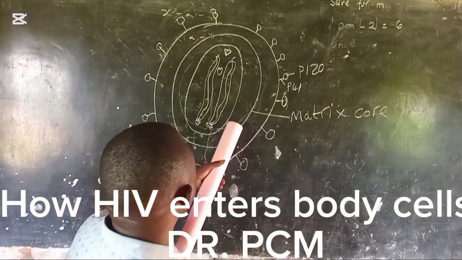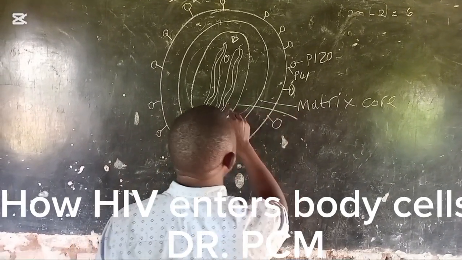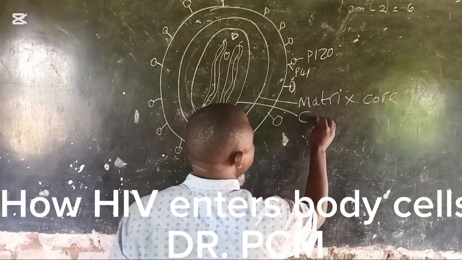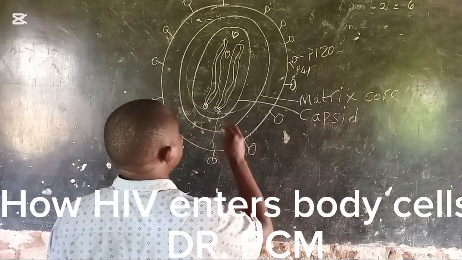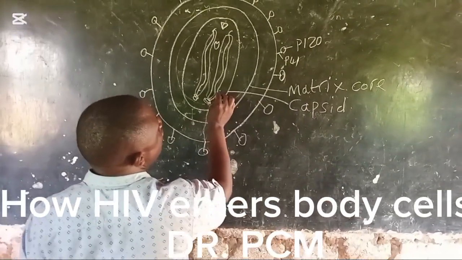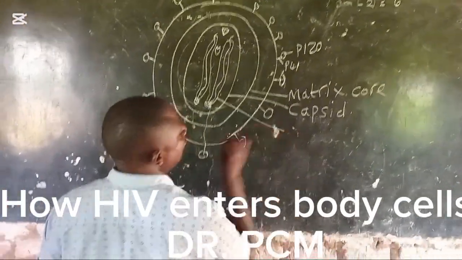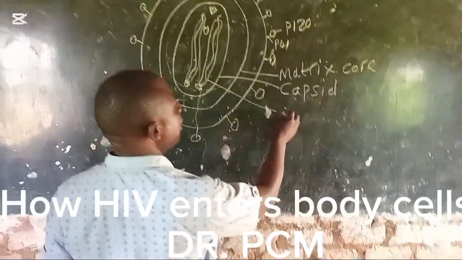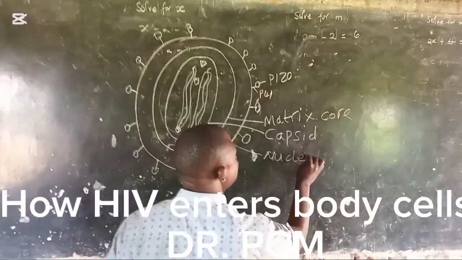The next part is the capsid. That part there is called the capsid. Then that part covering the RNA is called the nucleocapsid.